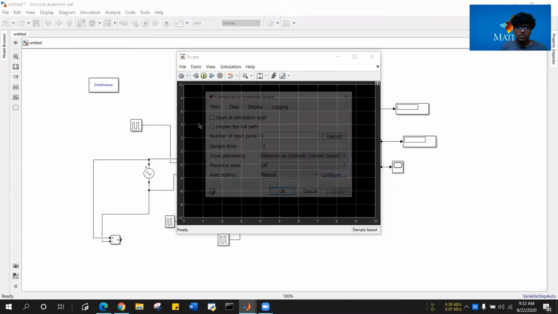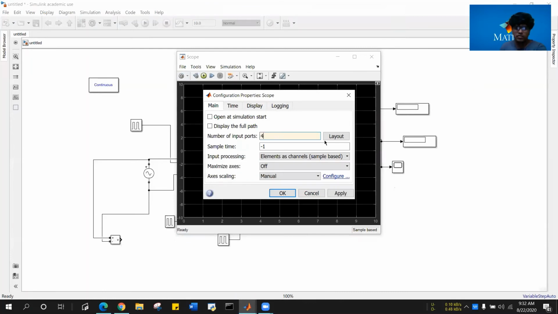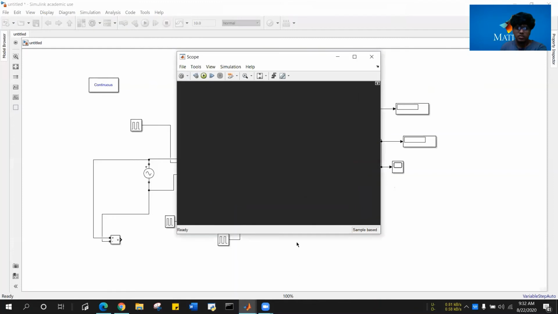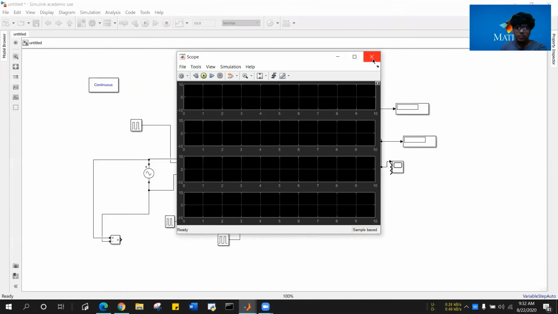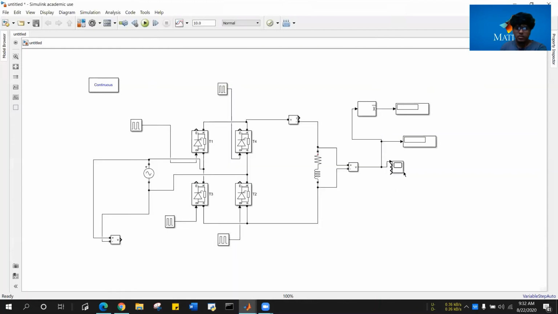First I'll change the number of inputs, take 4 inputs, the layout should be this. Let's go. Just increase the size of the scope, and delete this one.